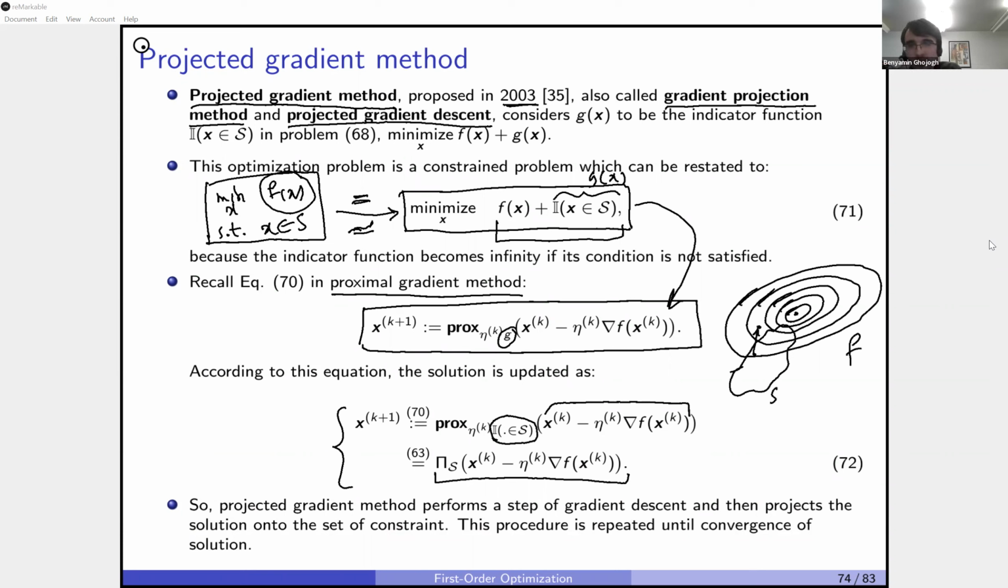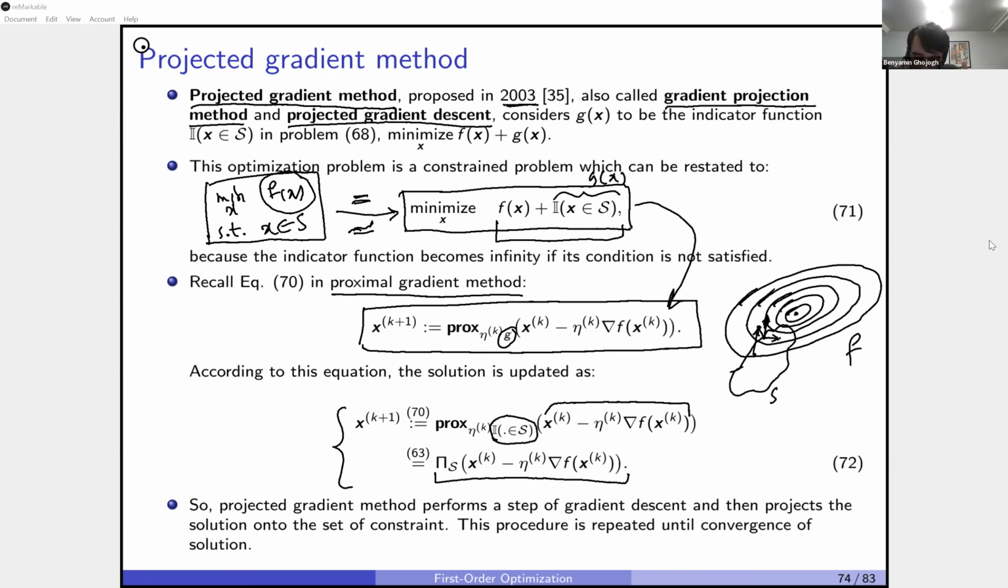Oh, you came out of the feasibility set. Project it back to the feasibility set. Do another step of gradient descent. You come here. If after a step of gradient descent you are already in the feasibility set, the projection becomes itself, because when you are already in the set, projection onto the set is itself.